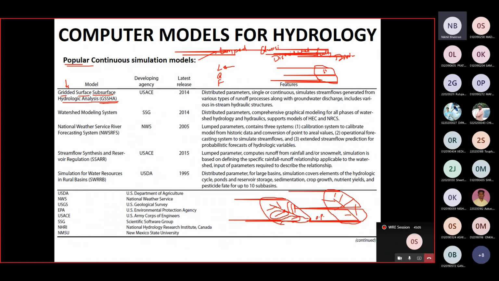If you go toward the smaller parts, you are increasing the parameters, and that is the beauty of these models. Lumped parameters provide somewhat average results, not that accurate. But if you go for quasi distributed, you get somewhat more accurate results which are actually observed in nature.